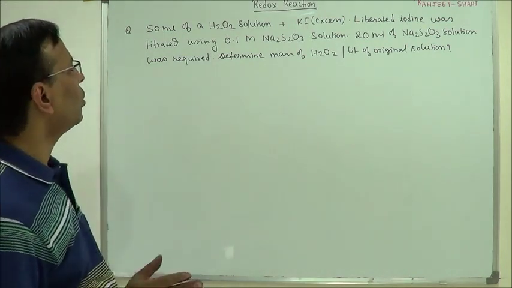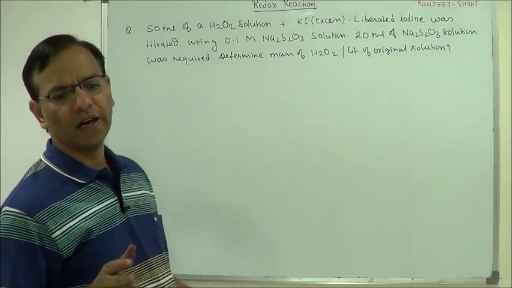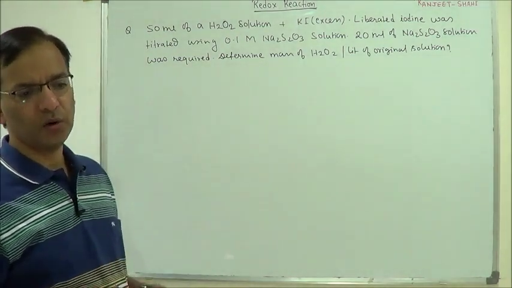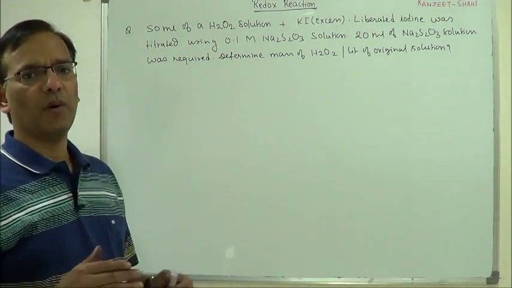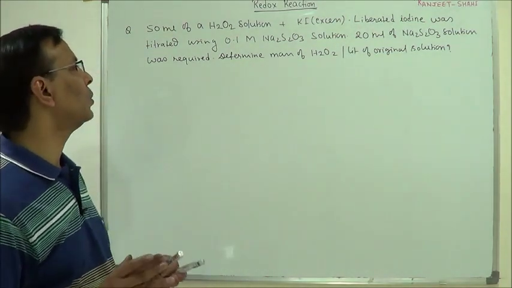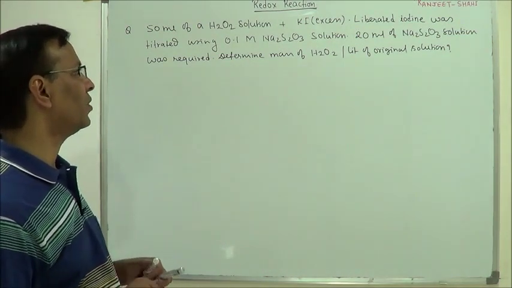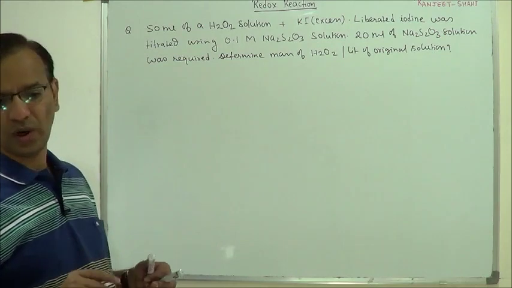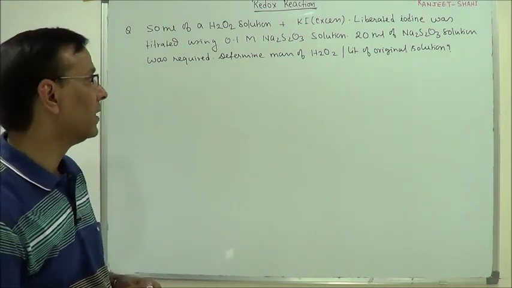Now H2O2, as we have seen in the previous lecture, acts as both oxidizing and reducing agent. In the present problem, H2O2 is being reacted with KI, which is a strong reducing agent. So definitely H2O2 is an oxidizing agent.